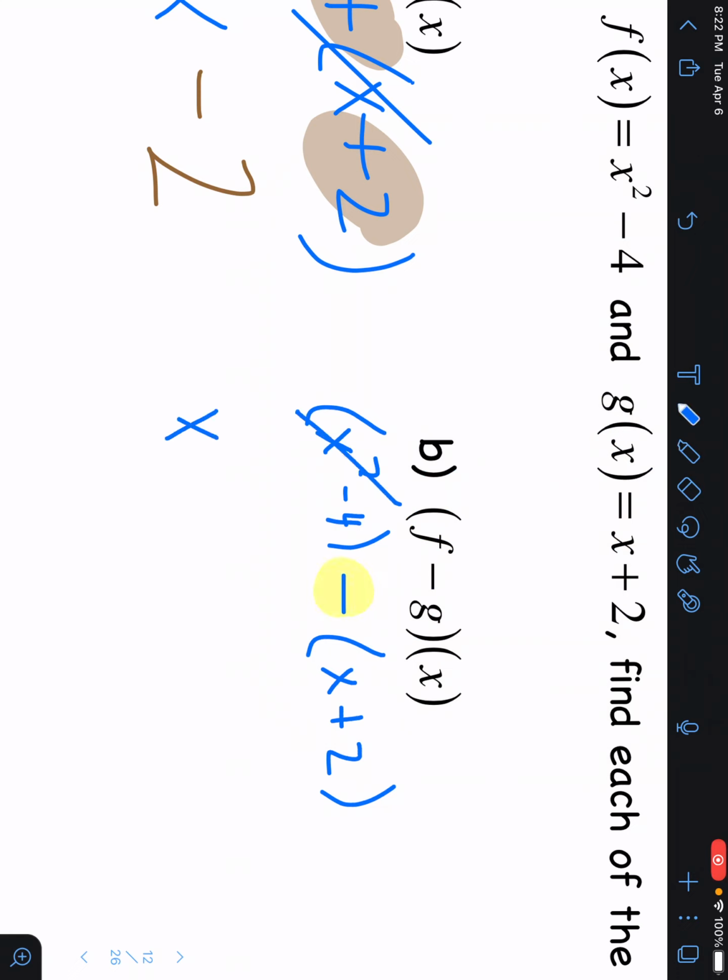Then, don't put a plus x. We actually have to do a minus x. And then we want to do negative 4 minus 2. So negative 4 minus 2 is negative 6, so we'll put minus 6. And that's it.